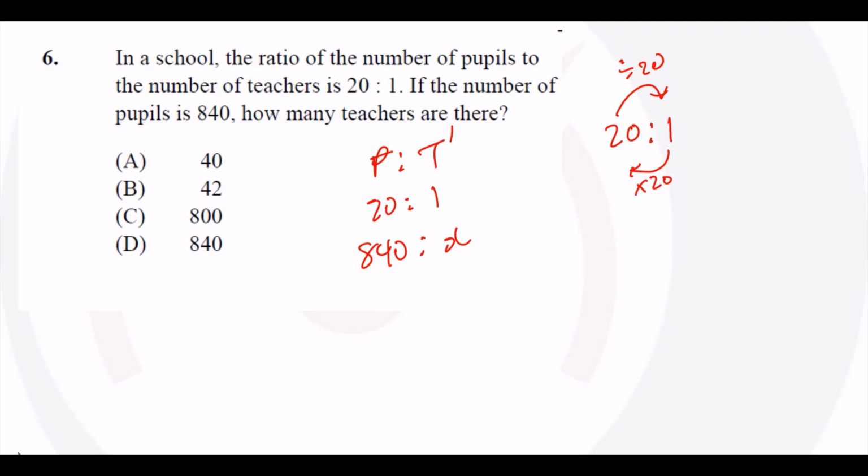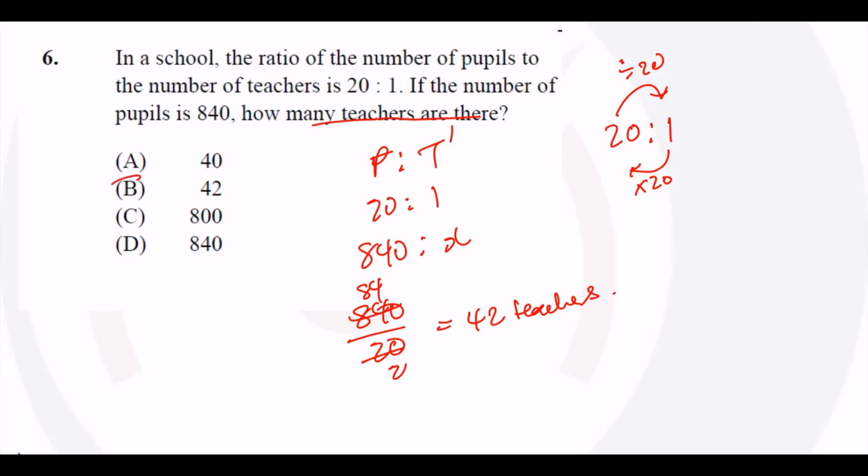So if I want to find the number of teachers, I have to divide by 20. Now the question asks us to find how many teachers teach 840 students. That's going to be 840 divided by 20. So 10 into that, 2 into 84 goes 42 times. So that's 42 teachers.